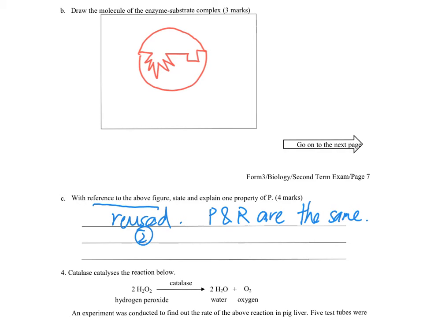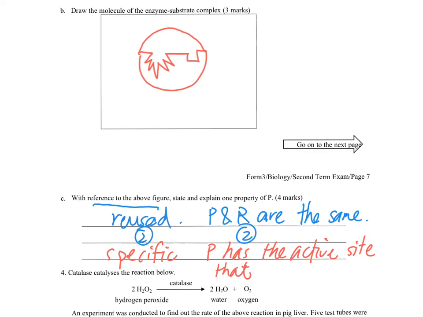Or you may say enzyme is specific. Why? Because we find that P has the active site that can combine with Q, and no other places.